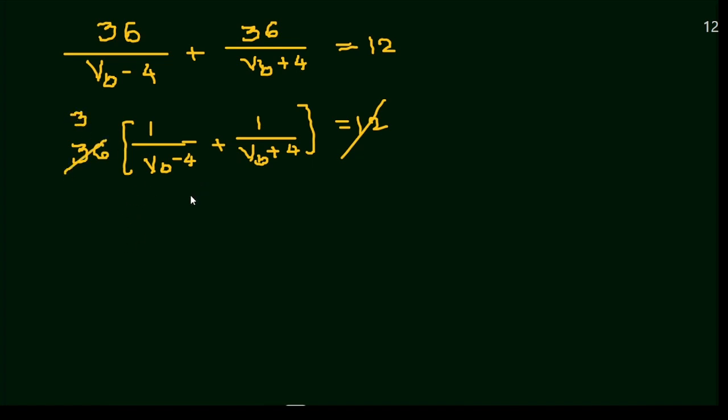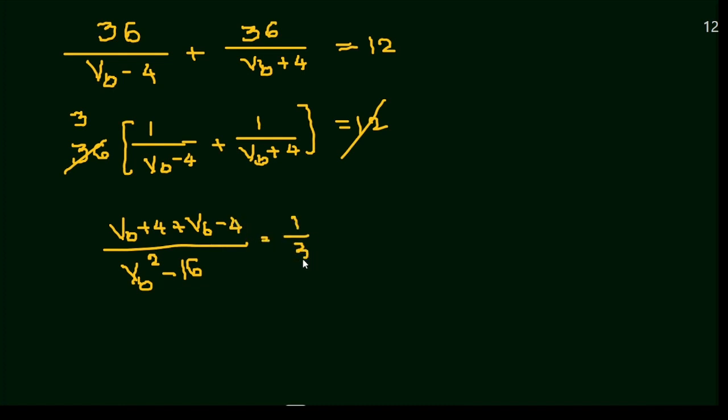Now we can take the LCM of the bracket term, right? Then it is in the form of (a plus b) into (a minus b). So I can directly write VB square minus 16, and the numerator is VB plus 4 plus VB minus 4, equal to 1 by 3. So here it is 3. I just took it to the RHS.